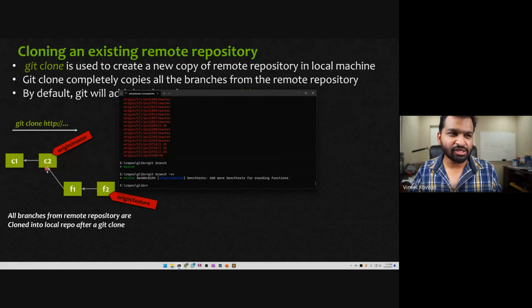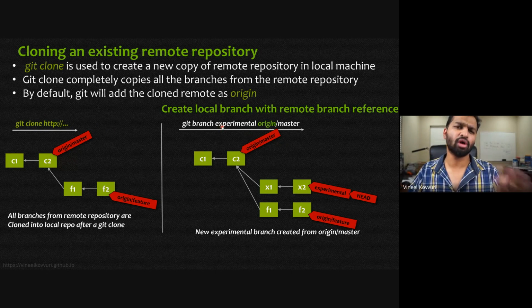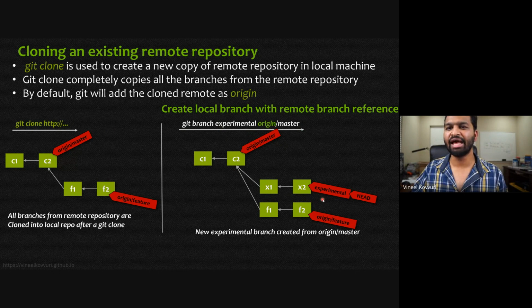So we have a feature branch here. So if I clone it, and then obviously the next step for me is either to create a new branch myself if I want to. In this case, I'm creating an experimental branch. Apparently I don't need to create it because Git already created a master branch for me.